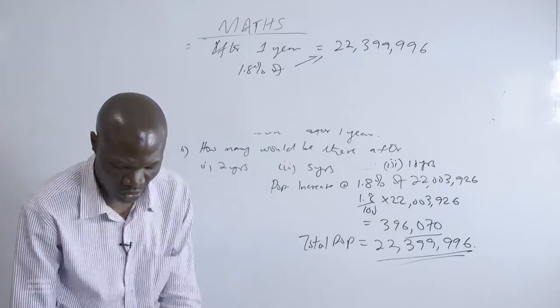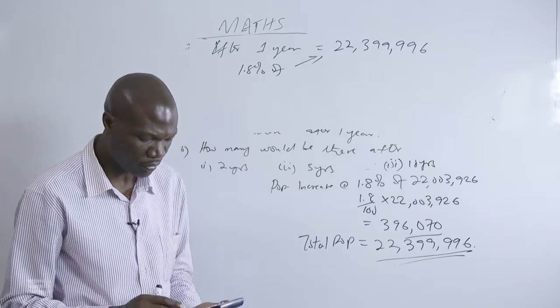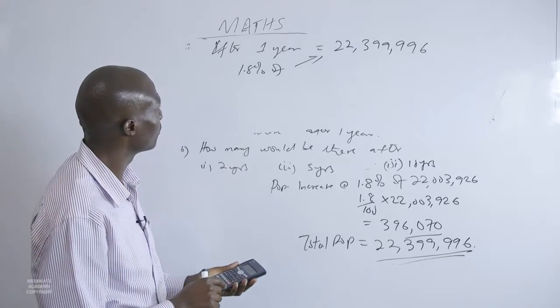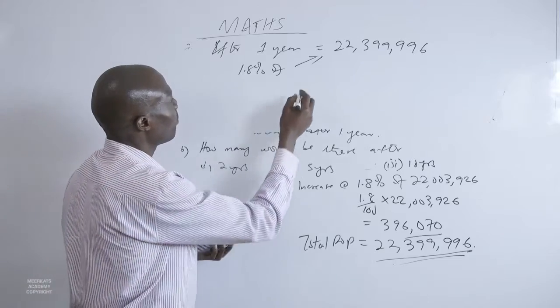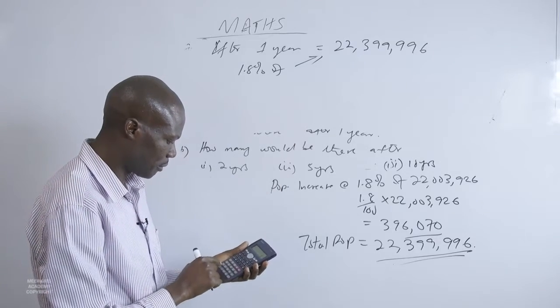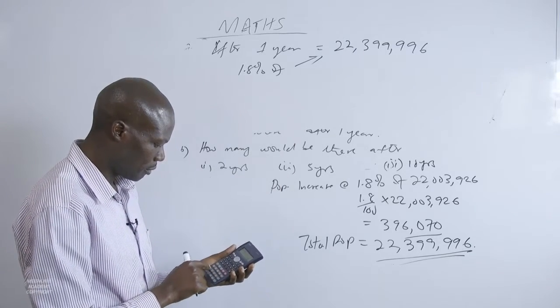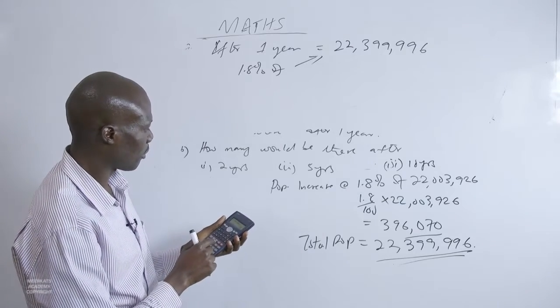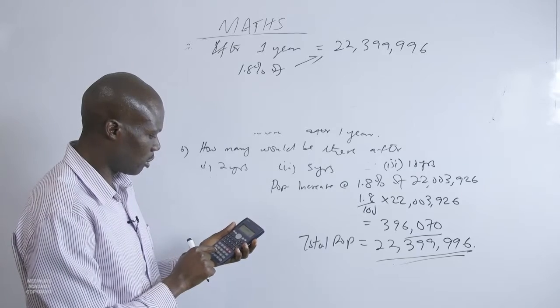So this one will be 1.8% multiplied by that population.